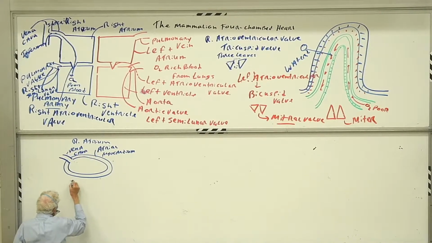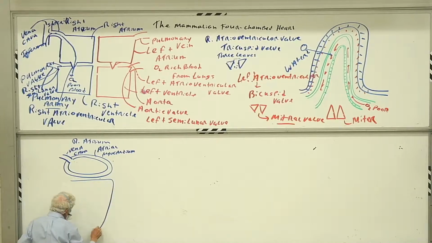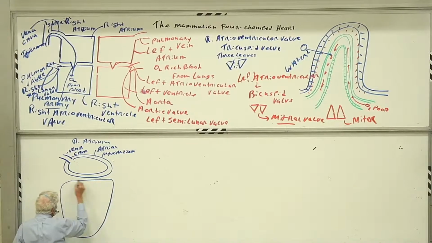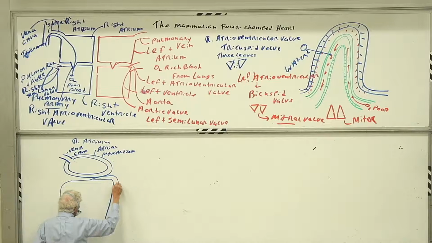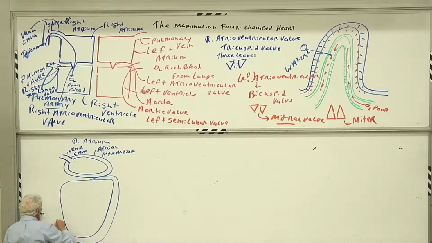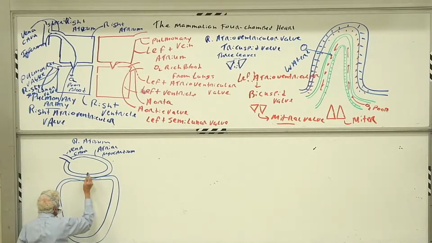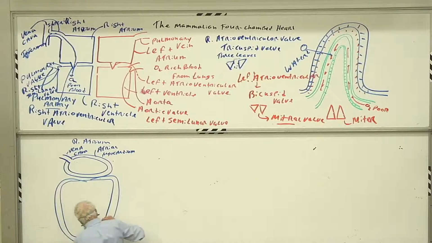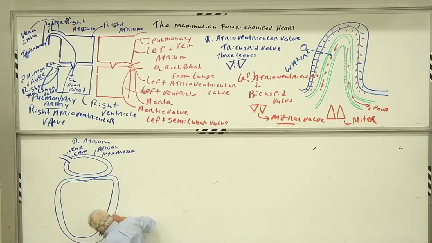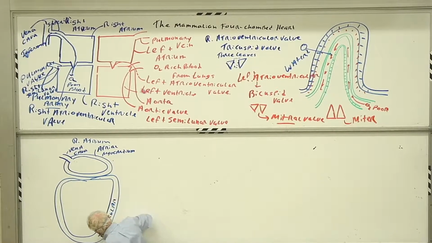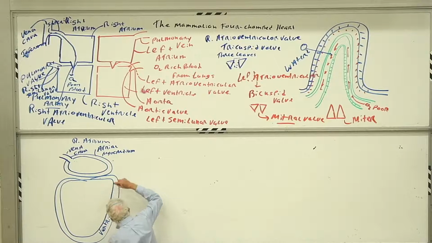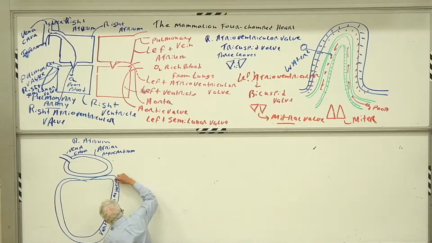And down here is going to be, of course, the ventricle. So we'll show the ventricular chamber as an opening. But that ventricular chamber is surrounded by this ventricular myocardium. It's a wall of muscle.